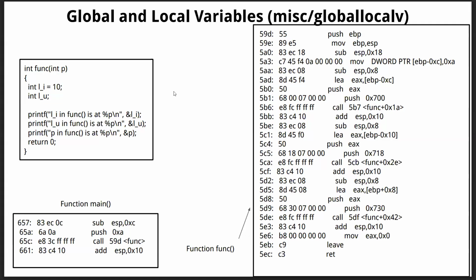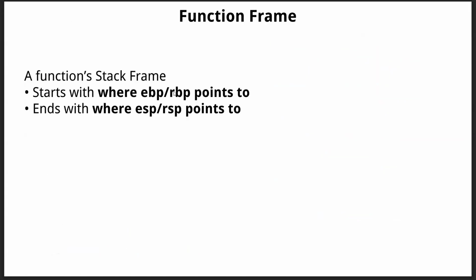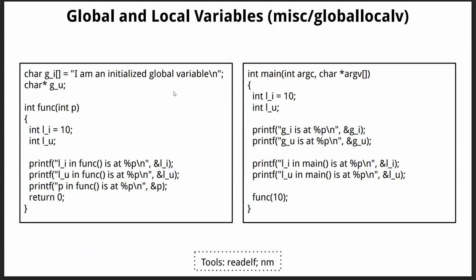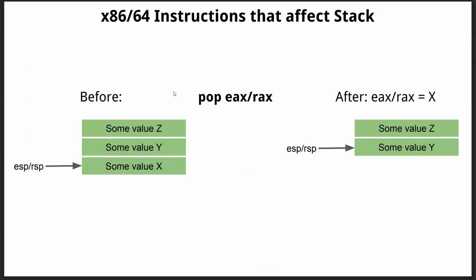Let's go back to the C code. The main function will first call four printf functions, which we don't care about. We care about this one. We are going to call func with the parameter 10. This is a hard-coded parameter. That's why we need to push 10 onto the stack before we make the function call using the call instruction.